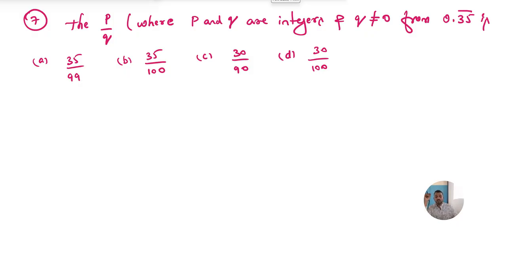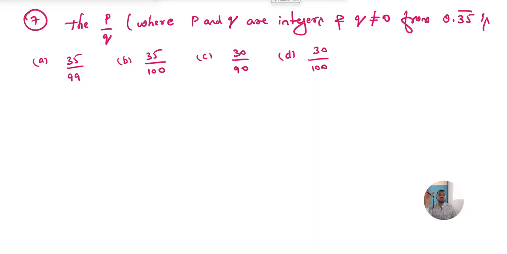Here they have given a number, that is 0.35 bar. It means that the value of p by q is 0.35 bar. What is the value of p by q? Which is the rational number here? 0.35 bar is a rational number.